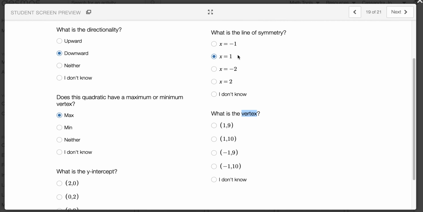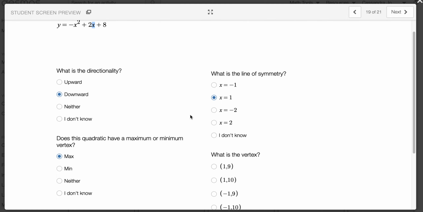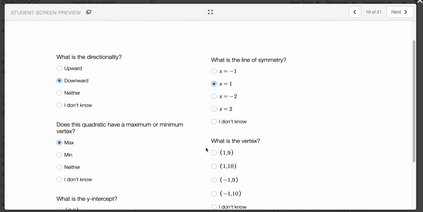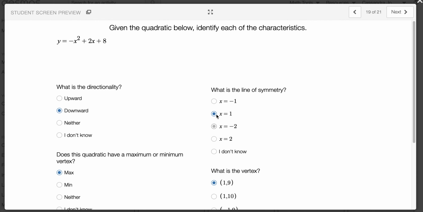For the vertex, we want to take this x value we just found for the line of symmetry and plug it in, so you would have 1 inside parentheses wherever there is an x. In that case, we get a positive 9, so 1, comma 9 is our vertex. And that's all. We're going to finish up the x-intercepts in our next lesson, but this was all of the other characteristics for equations.